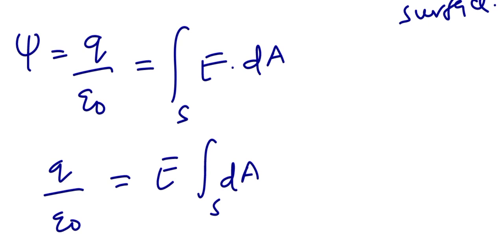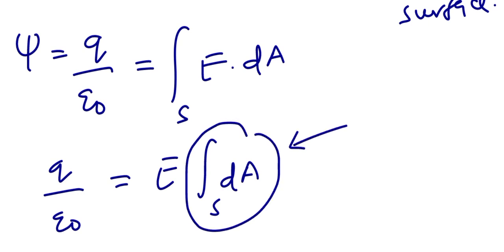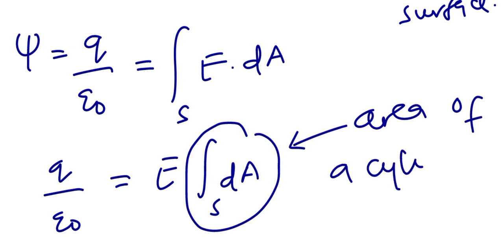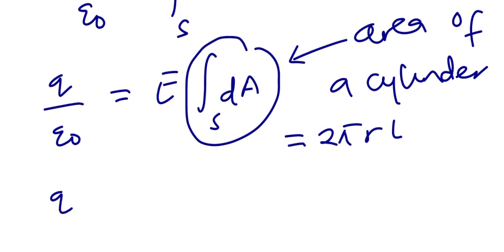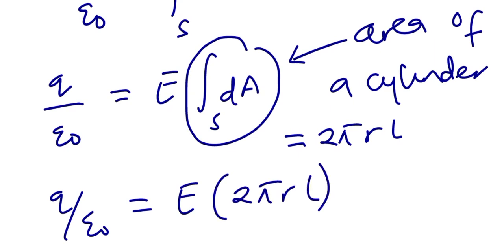The area of a cylinder is known to be 2 pi RL. So we substitute it: Q over epsilon naught equals the electric field times 2 pi RL.